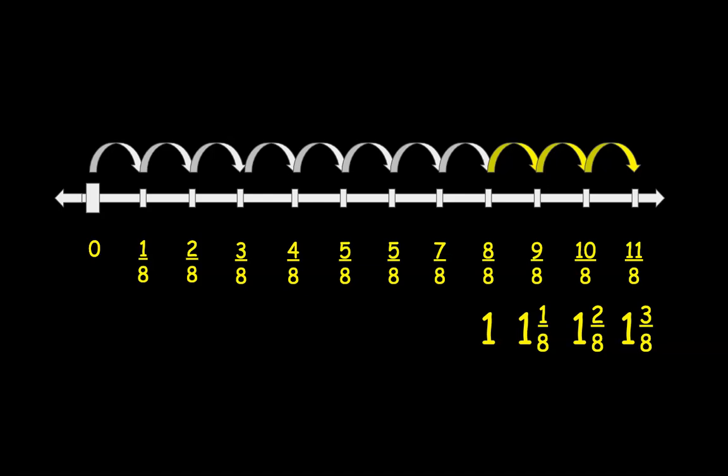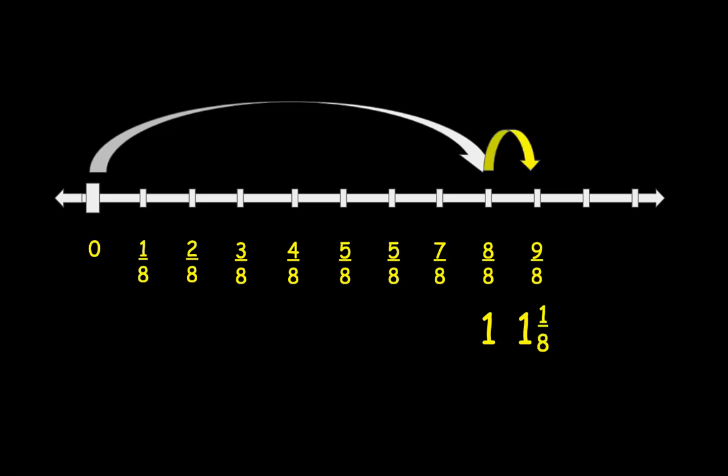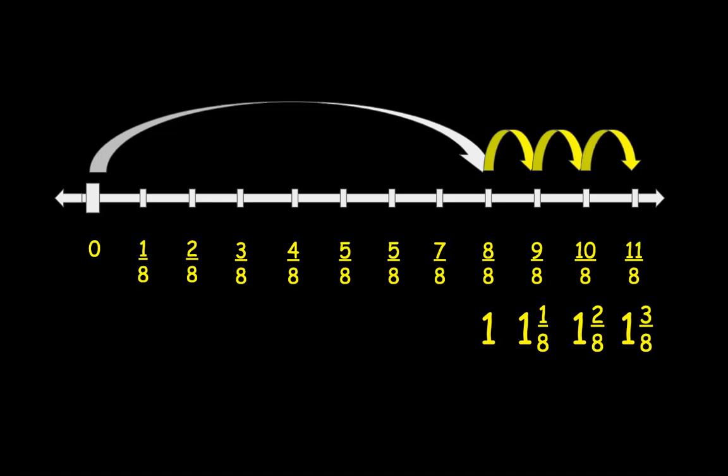So that number we just were talking about could be written, instead of doing all these little jumps up here, I could have just simply done 1. See, there it is, 1 big jump. 1 straight away, and then 1 and 1/8, 1 and 2/8, and 1 and 3/8. I hope you can see that connection.